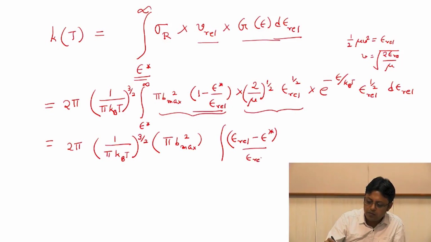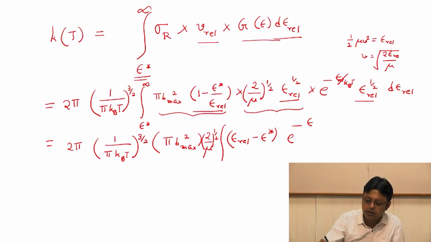But then I also have one epsilon relative to the power half and another epsilon relative to the power half. Those will give me epsilon relative, which will cancel with this epsilon relative. So I'm not writing that. And then I have 2 by mu, square root of that, and inside I have e to the power minus epsilon relative by kBT, because I'm writing the distribution function also in the relative coordinate, d epsilon relative.